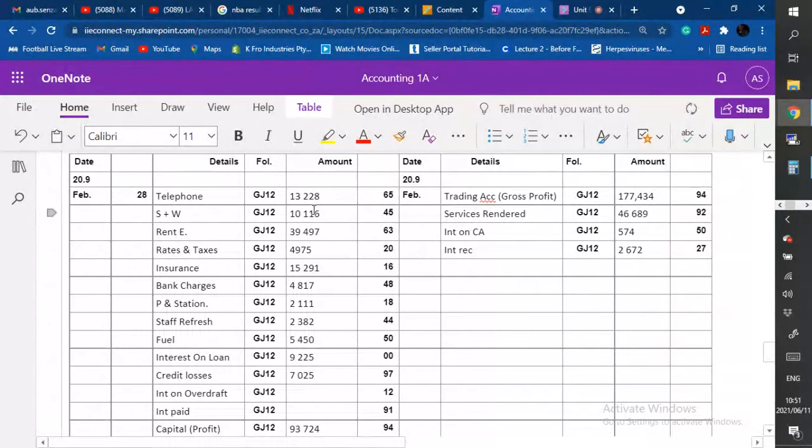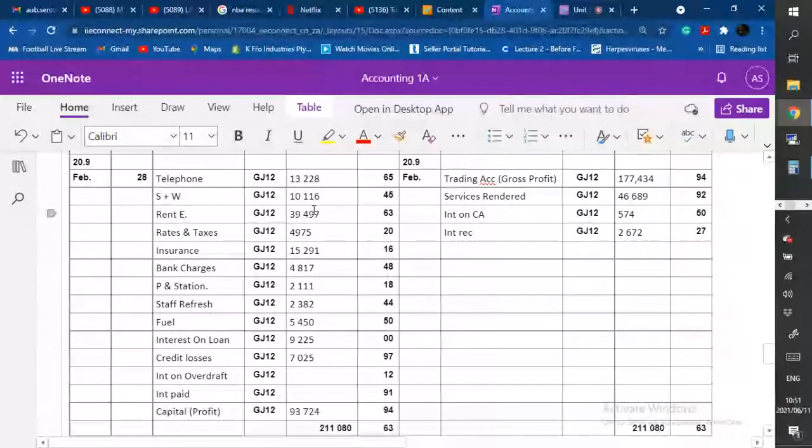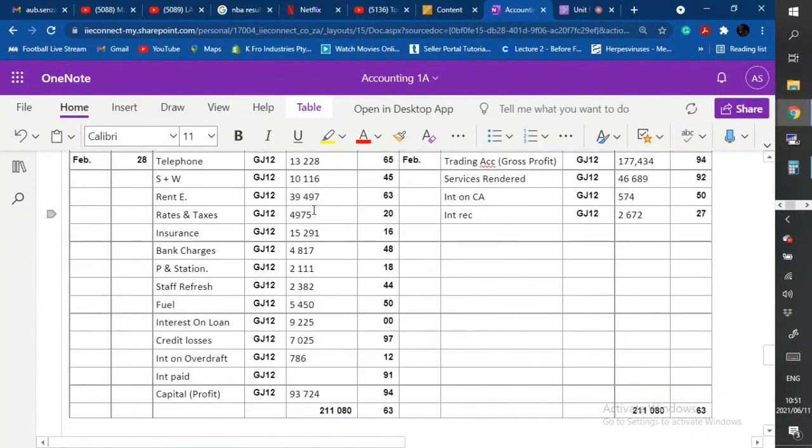Okay, and then sales returns, we know that we have already closed it off, so we ignore that. Interest on overdraft, where is that? Interest on overdraft, 786. Okay, and then interest paid or interest charged, 2,447.